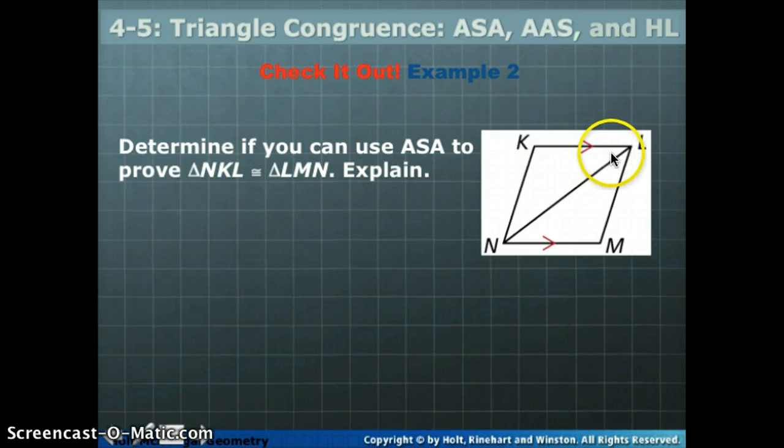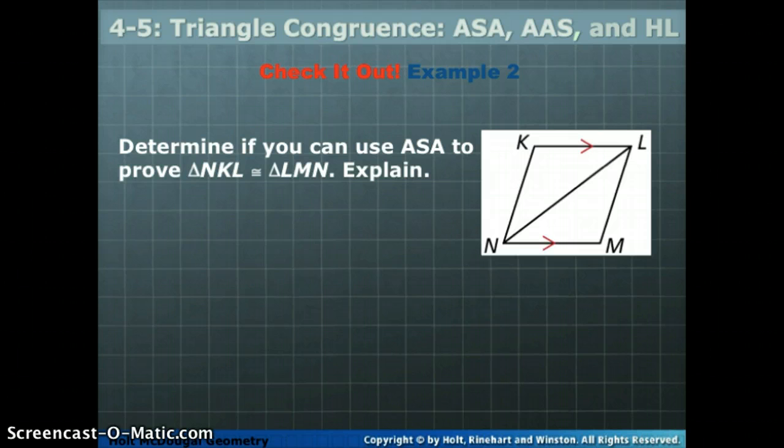Notice this top right angle of this triangle is alternate interior to this bottom left one of the bottom triangle. So these are alternate interiors, so we know angle KLN, this one right here, is congruent to angle MNL because they're alternate interiors.